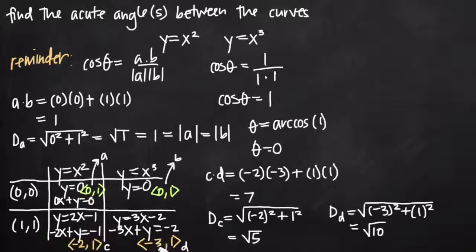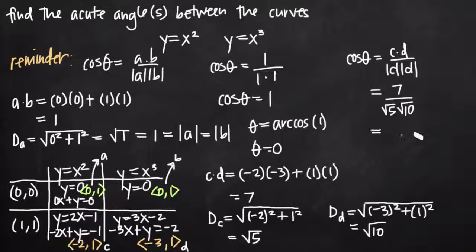So now to find the angle between these two lines, or the angle between these two vectors, I'm going to say cosine of theta is equal to c times d divided by the magnitude of c times the magnitude of d, which is going to give me my dot product, 7 in the numerator, divided by square root of 5 times square root of 10, which is going to be cosine of theta equals 7 over square root 50.